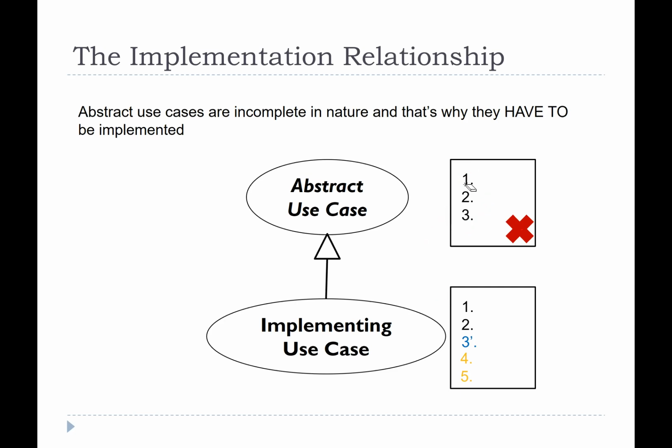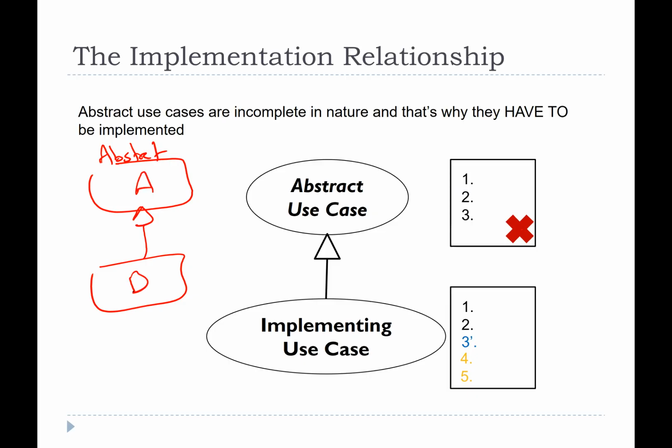As a matter of fact, even in UML, when you create a class diagram, inheritance and generalization is the exact same line. In fact, if you have an abstract class, and you're implementing it, or sort of completing it, fleshing it out in a subclass, and this is class A, this is class B, we say class B, what's the keyword in Java?